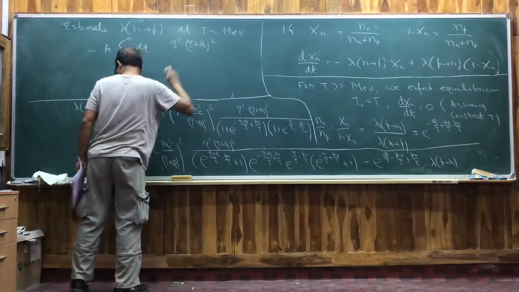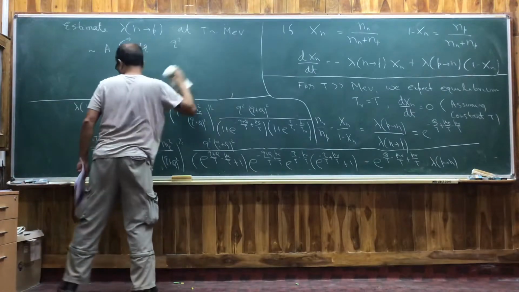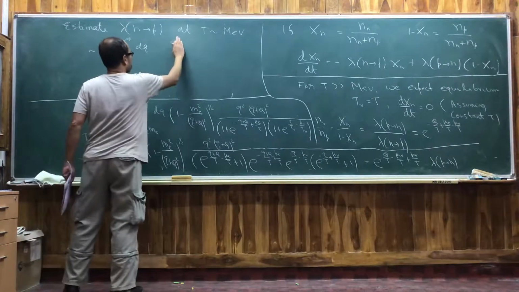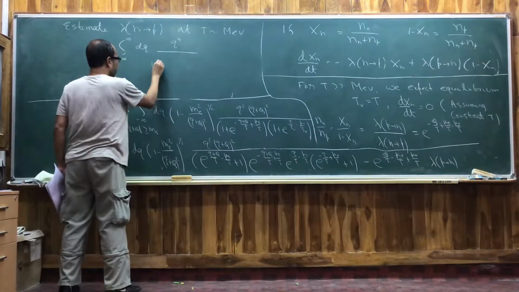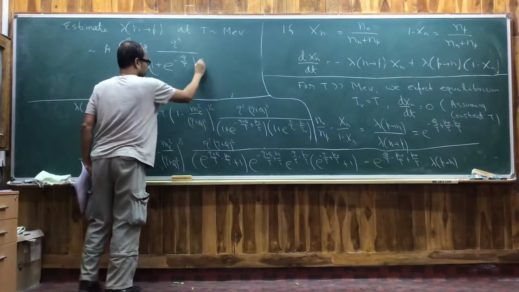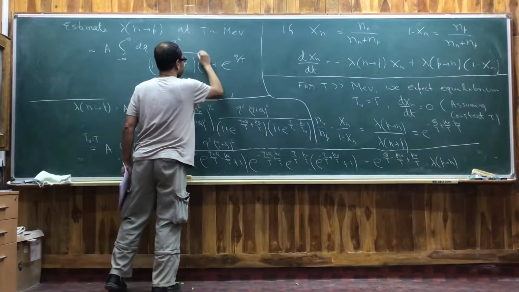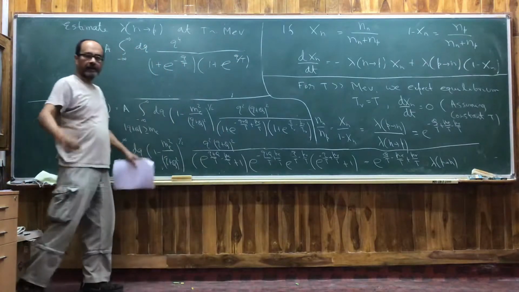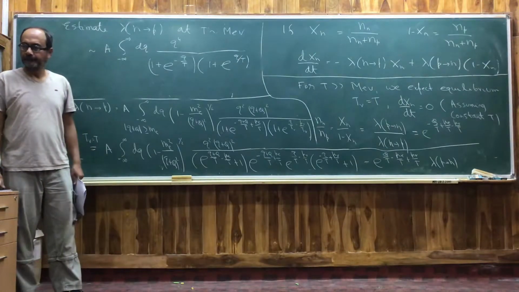In fact, let's just ignore the capital Q from here because q is going to be of order MeV anyway, over 1 plus e to the minus q by T, 1 plus e to the q by T. Roughly this is the number. Very crude estimate, up to order 1 factors.